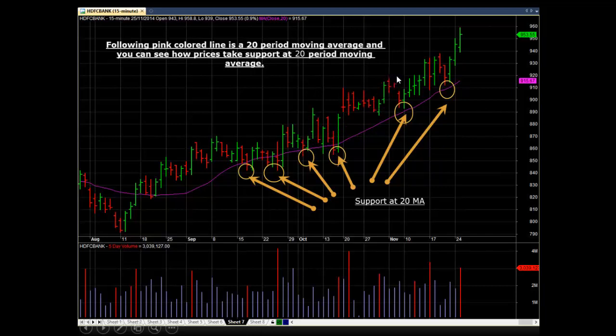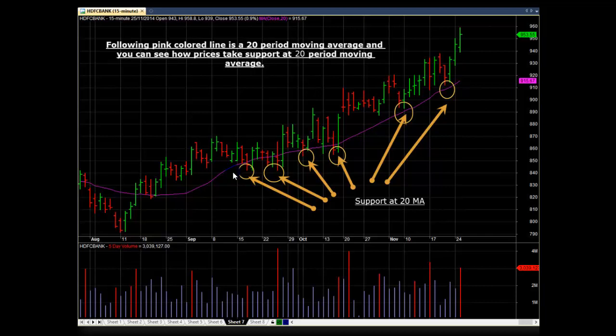It went sideways, made a new high, reacted down, could not penetrate its 20-day moving average, went up to make a new high, came down, failed to penetrate the 20-day average, and then went ahead to make a new high. Thus you can see prices respected the levels of the 20-day moving average.